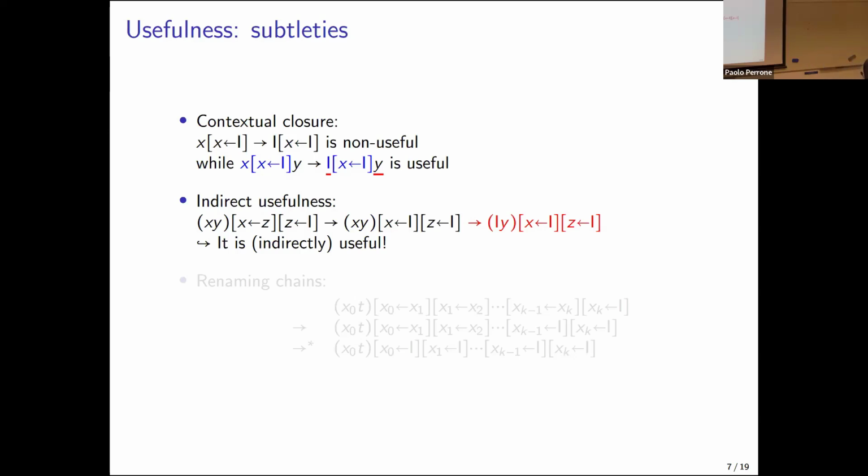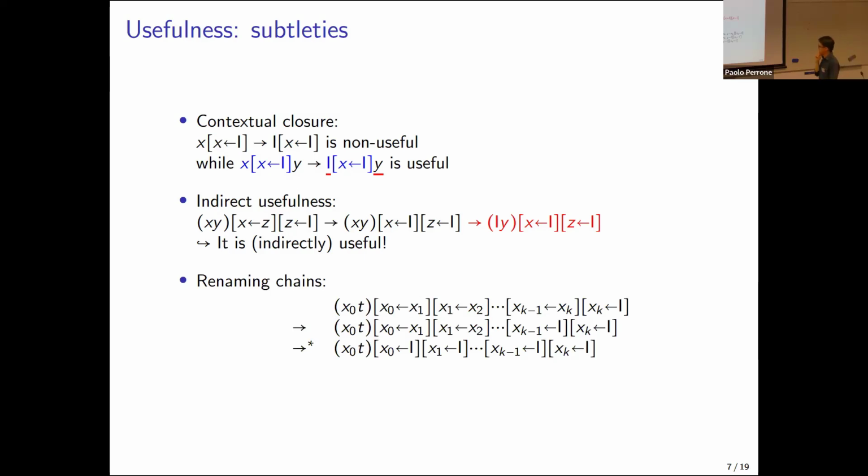By extending or generalizing this example, we get something called a renaming chain. Imagine that you have a lot of explicit substitutions of variables here, and then the last one is the one that you have here. You can do a sequence of substitutions: you replace xk with I and sk minus 1 with I. At some point, you will reach this term here, and in the next step, you can create a beta redex.